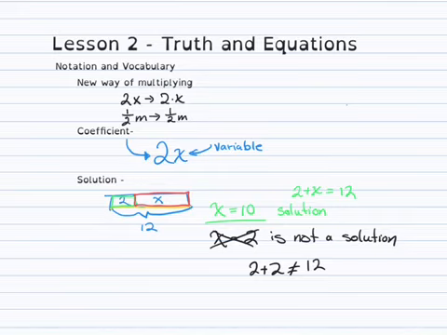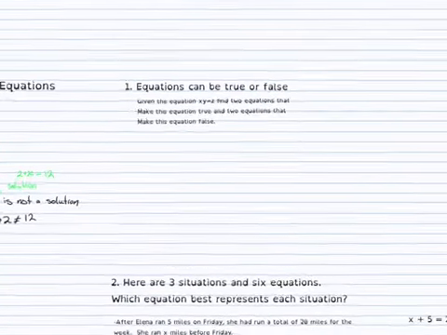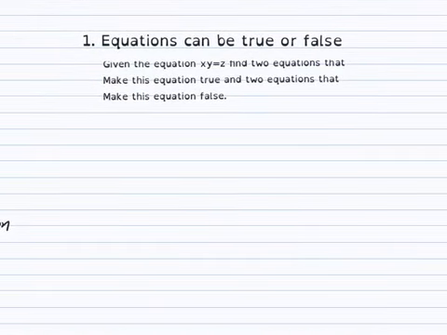All right, now that we've got the vocab out of the way, let's get to the content of the lesson. The first thing we've got to make sure that we understand how to do is to tell if an equation is true or false. So, given the equation xy is equal to z, remember we just learned that means x times y is equal to z.